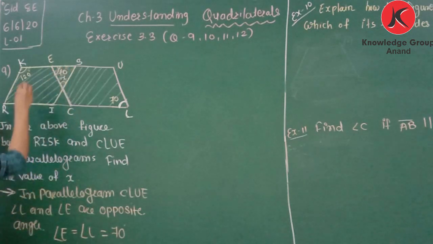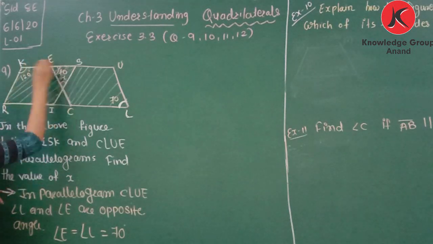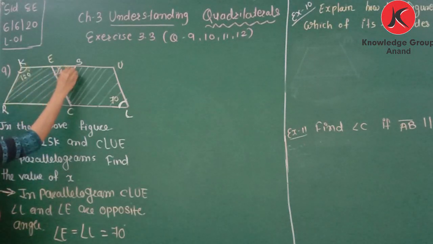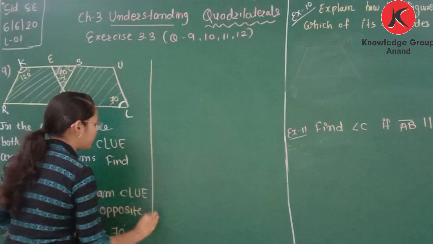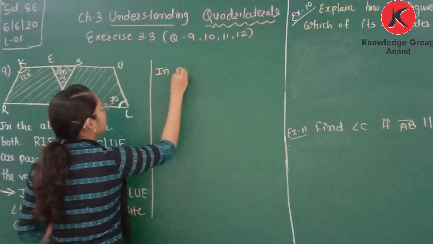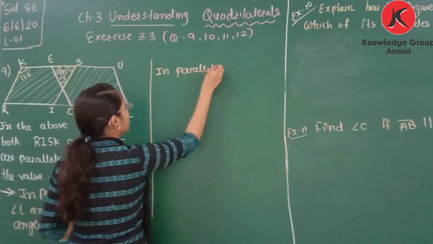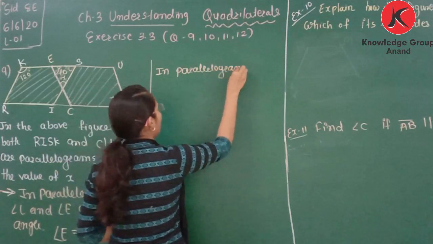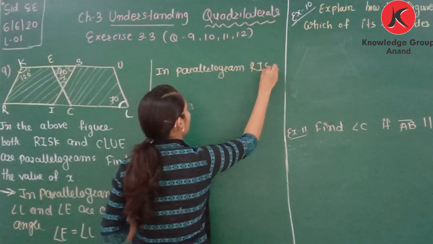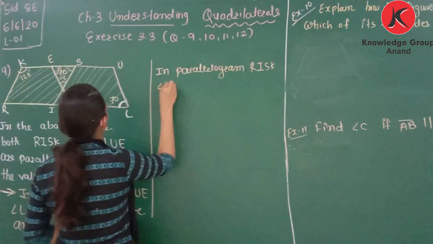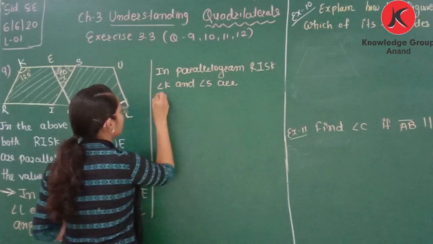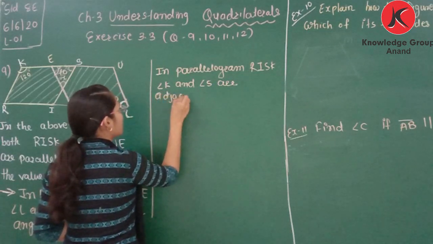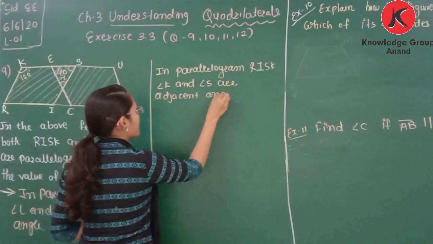Clear? Now in parallelogram RISK, you can see angle K and angle S are adjacent angles, and adjacent angles in a parallelogram are supplementary. So we can write: in parallelogram RISK, angle K and angle S are adjacent angles which are supplementary.